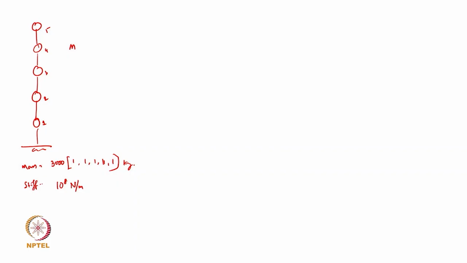Now if you do it, what happens? How to do the mass matrix, anybody? Simple, 3000 times the identity matrix. Done, nothing big deal.